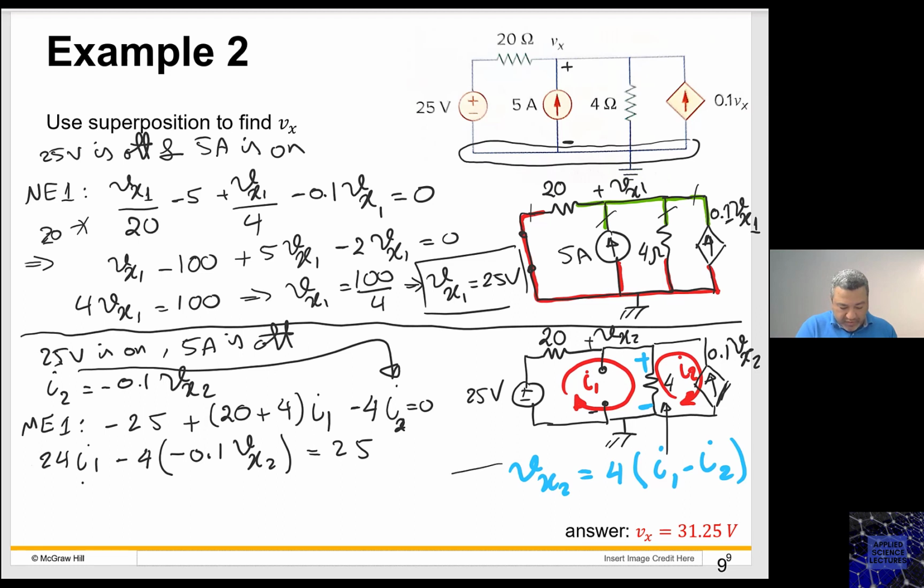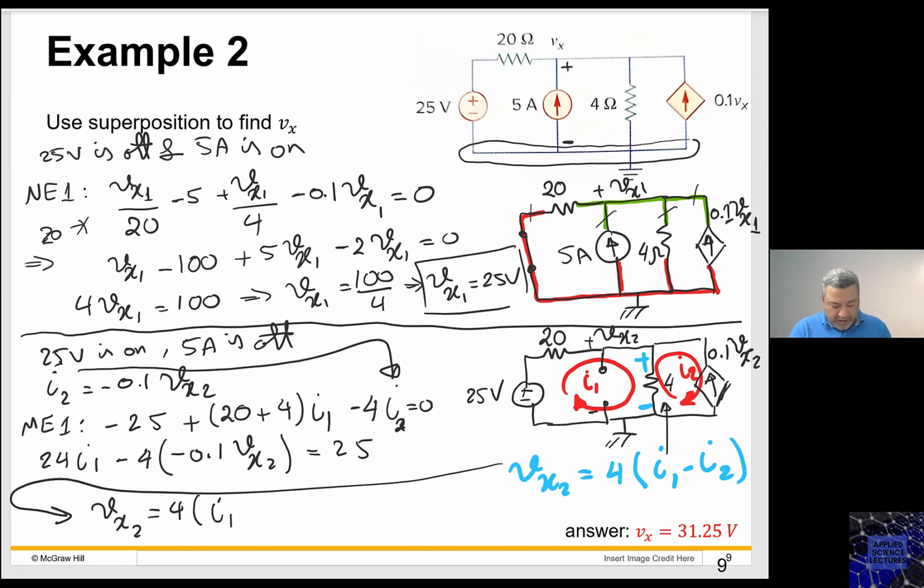So from here, I have Vx2 equals 4 times I1 minus I2, which is also minus 0.1 Vx2. Right? So let me add one more slide.